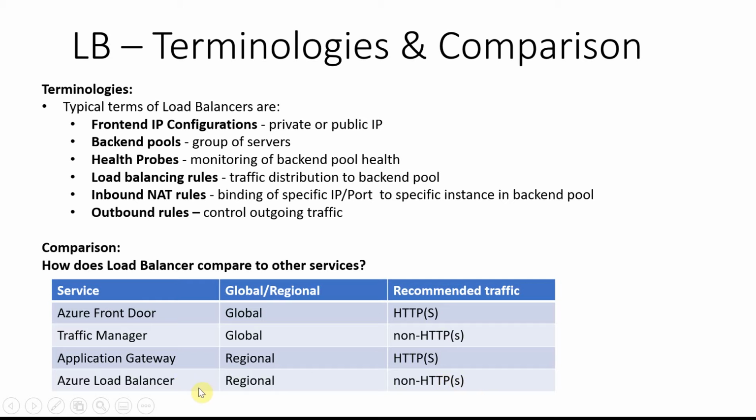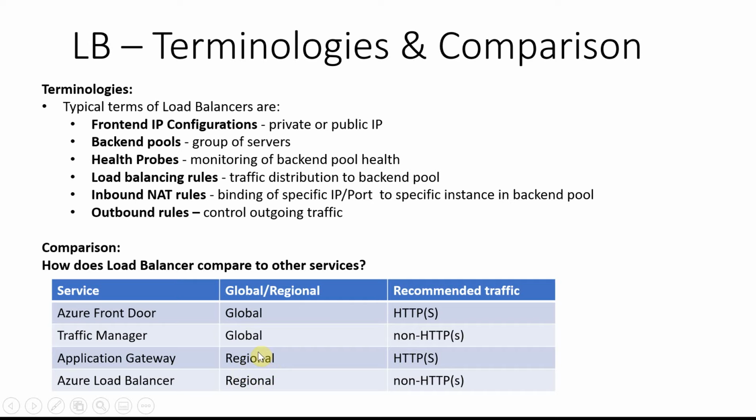But if you want to go again at the same regional level, then we also have Application Gateway, which is covering the HTTPS traffic, the web traffic. But the restriction of these two is that they are regional, which means they can't go beyond availability zones. The scope is restricted to availability sets and availability zones at most.